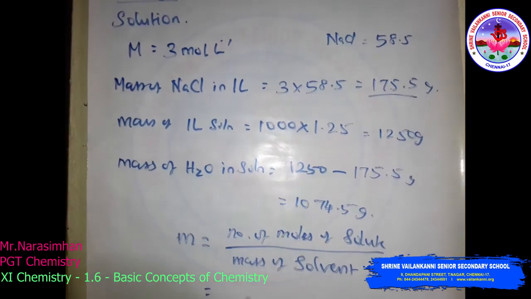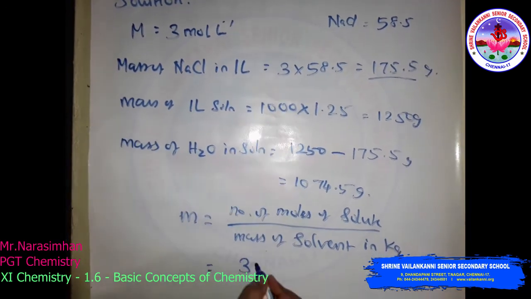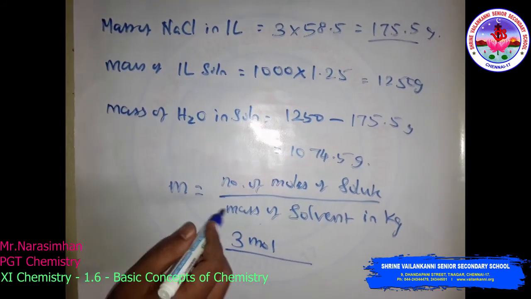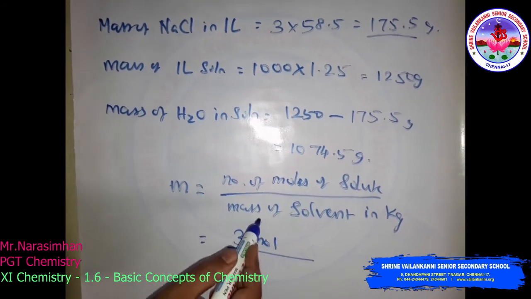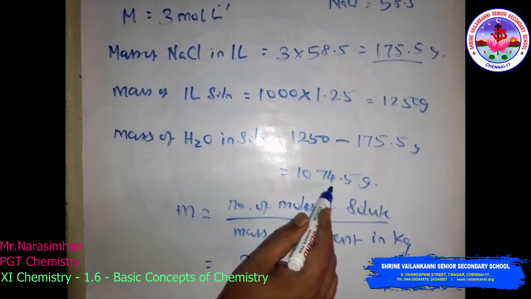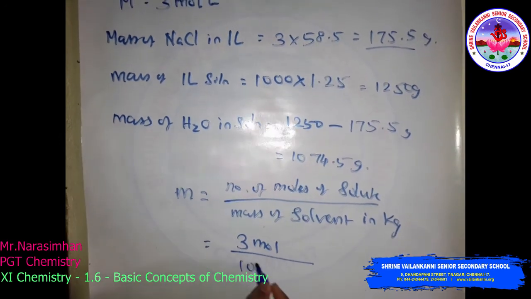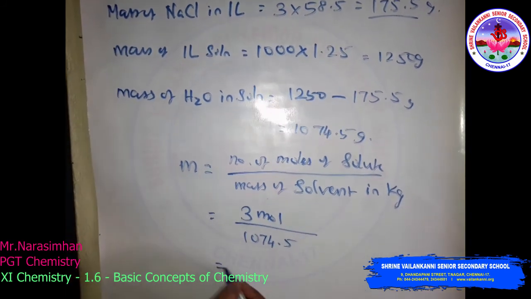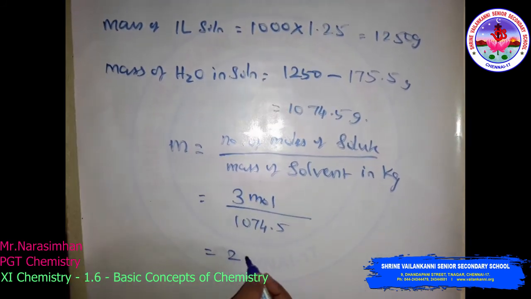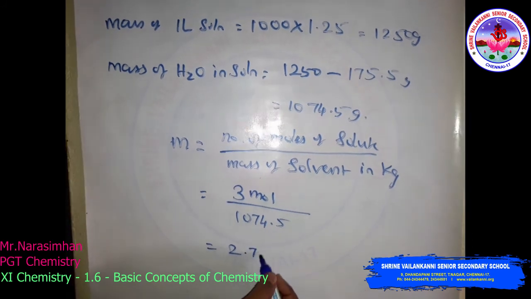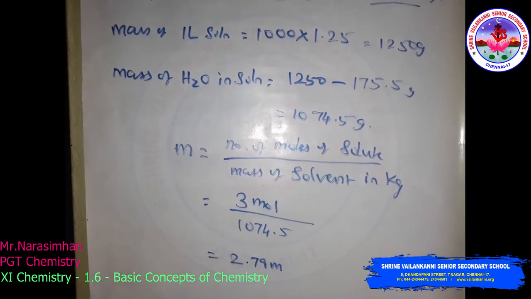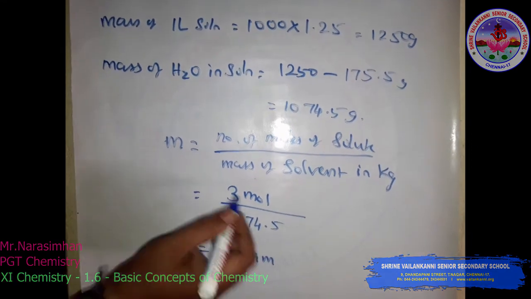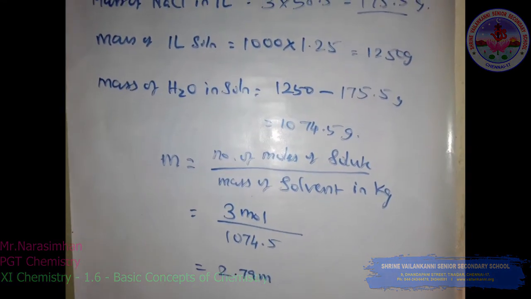So here 3 moles divided by the mass of solvent in kilogram, which is what? 1.0745. So it will become 2.79 molar. That is the molality. So this is the molality of the NaCl solution. Thank you.